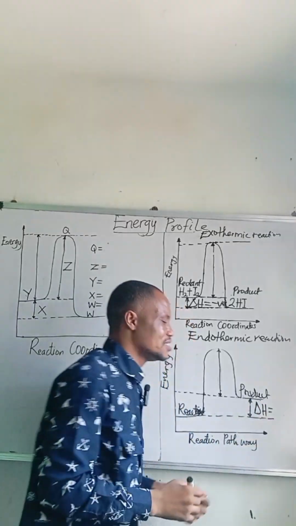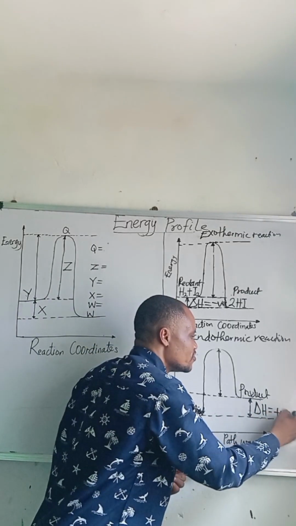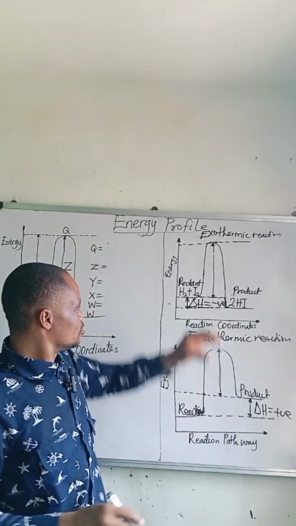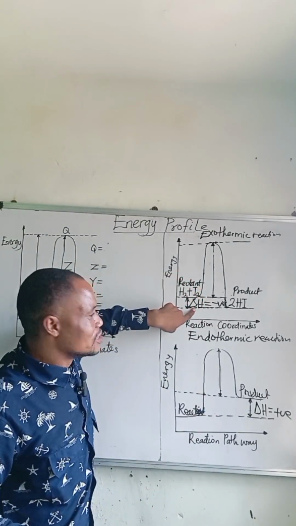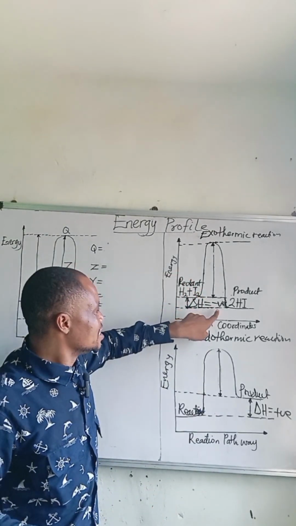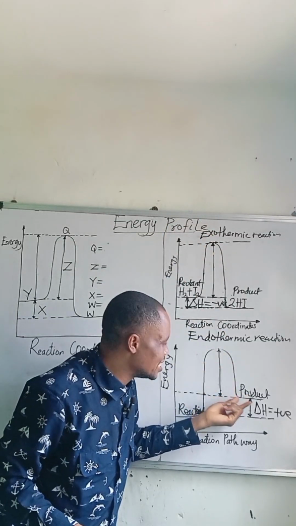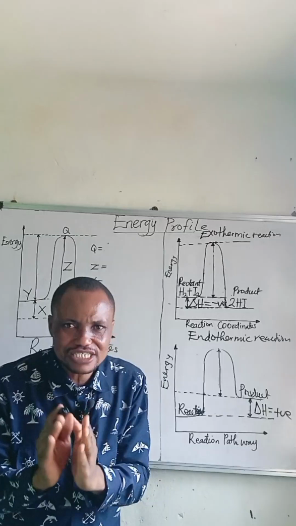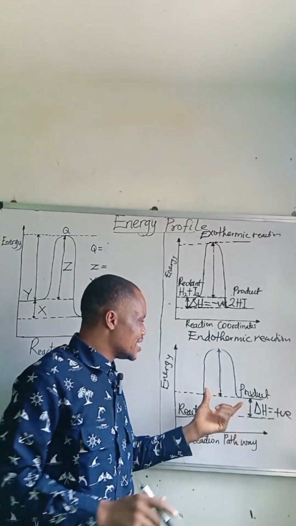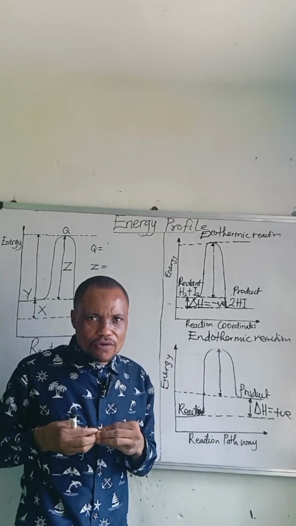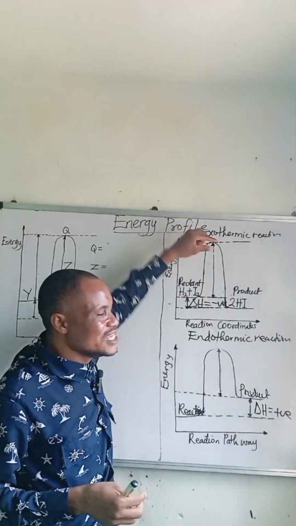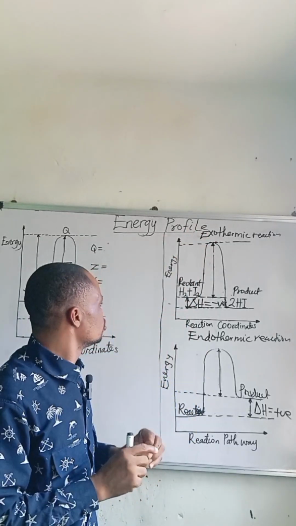Delta H here is positive if it is endothermic. Know the difference. Enthalpy change here is negative for exothermic reaction, and enthalpy change here is positive for endothermic reaction. Remember, heat is absorbed from the surrounding, and here heat is given off to the surrounding.